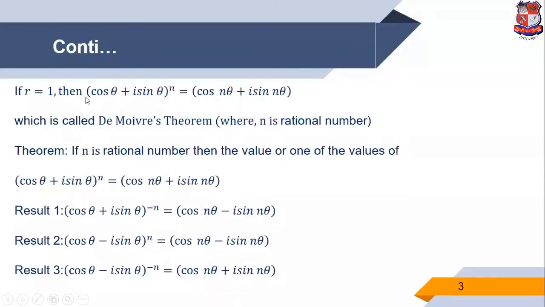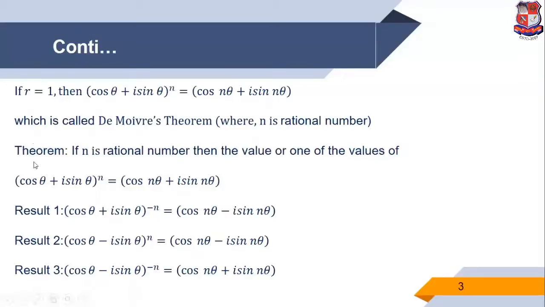and which is called De Moivre's theorem, where n is a rational number. So if a question asks to define De Moivre's theorem, then the formula is cos theta plus i sin theta raised to n is equal to cos n theta plus i sin n theta.